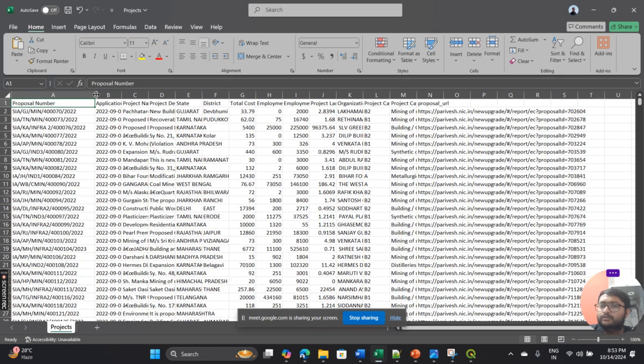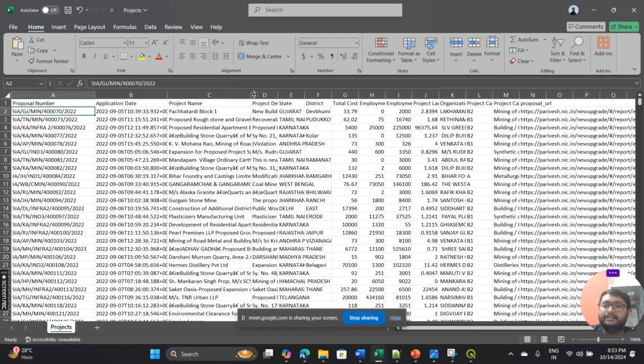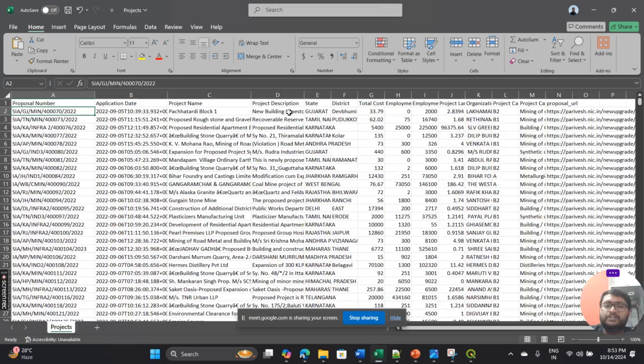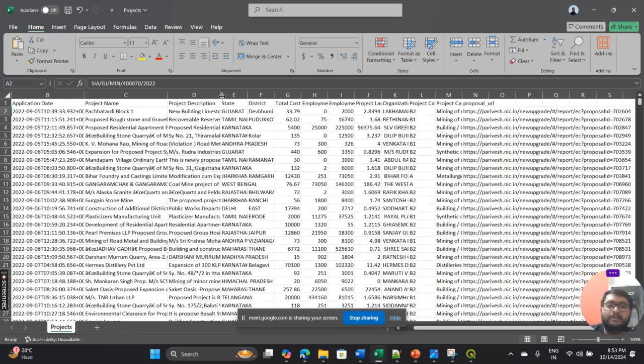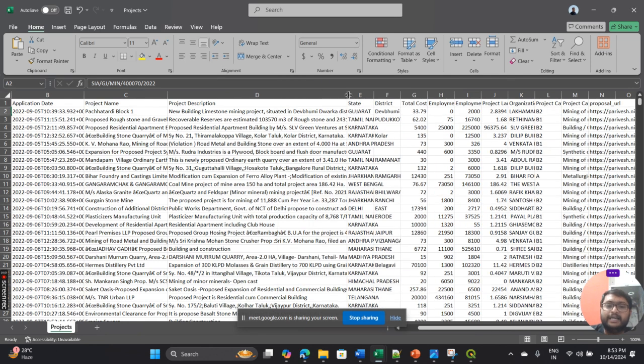So every construction project has its proposal number, then the date and time at which they applied, then the name of the project, then a description of that project, whether it's a renovation, or they are doing an addition to an already existing building, or an entirely new project, and so on and so forth.